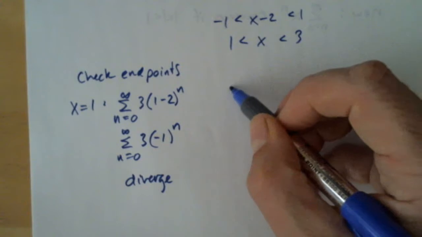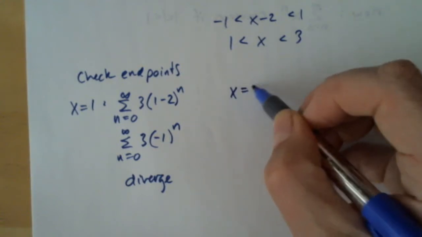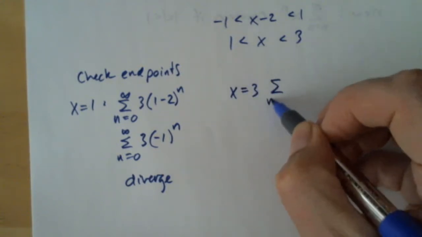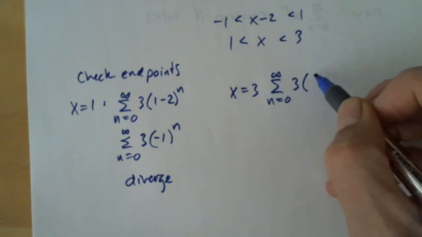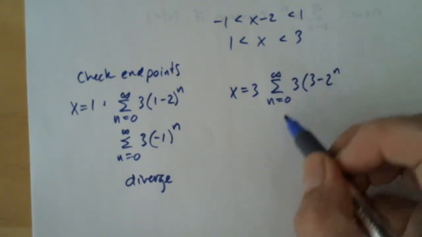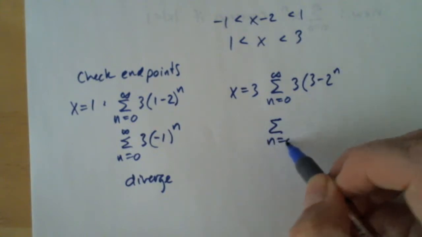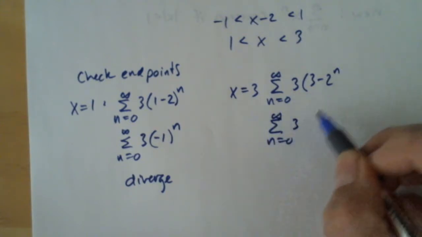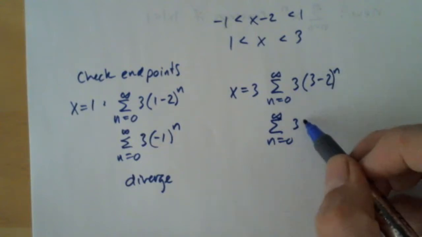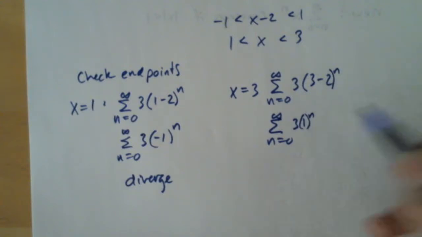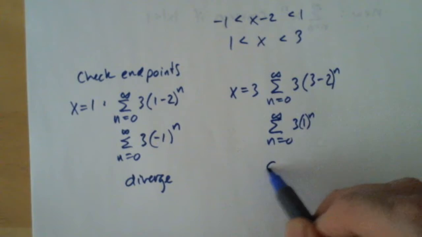And then we'll check 3. Three times 1 to the n. 1 to the n is just 1, so this will diverge.